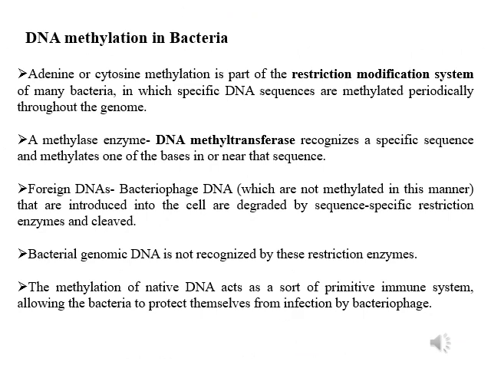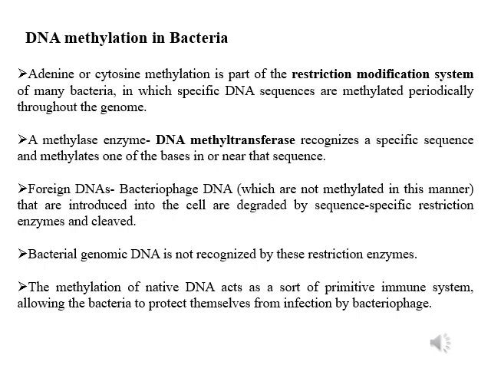So, DNA methylation in bacteria. Here methylation can be brought about even on adenine. Adenine or cytosine methylation is a major part of the restriction modification system. Specific DNA sequences are methylated periodically throughout the genome, and the major enzyme, as we already discussed, is the DNA methyltransferase or methylase enzyme.